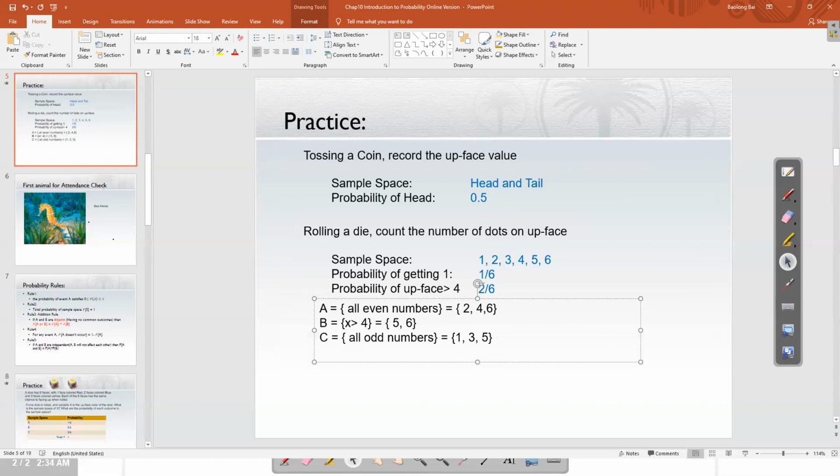Then my question is, are A and B disjoint? Are A and C disjoint?